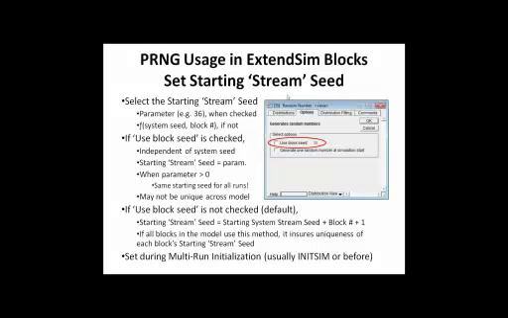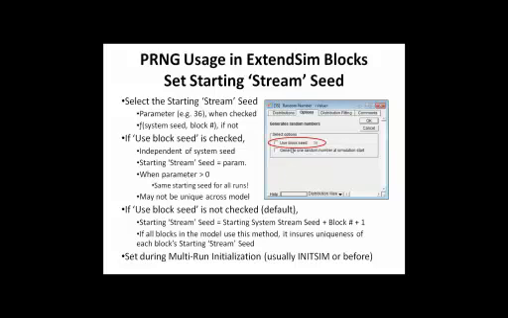All right, let's switch to the block context next. When we're dealing with blocks that need to generate random variates, the random number block is a good example.